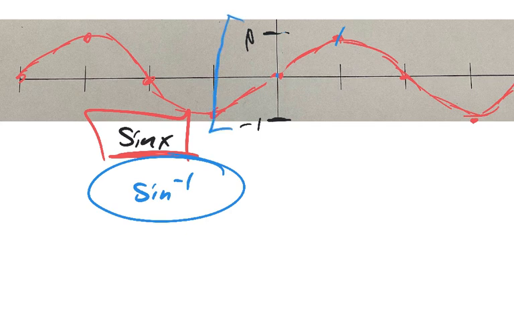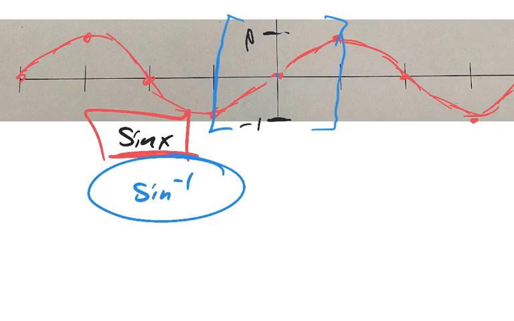What if we went from there to there? Does that cover every y value? Do we go between -1 and 1? Yes. And it passes the horizontal line test, so it's 1 to 1 there as well.